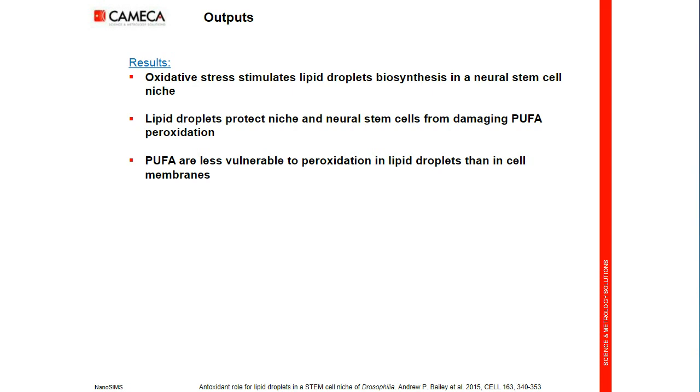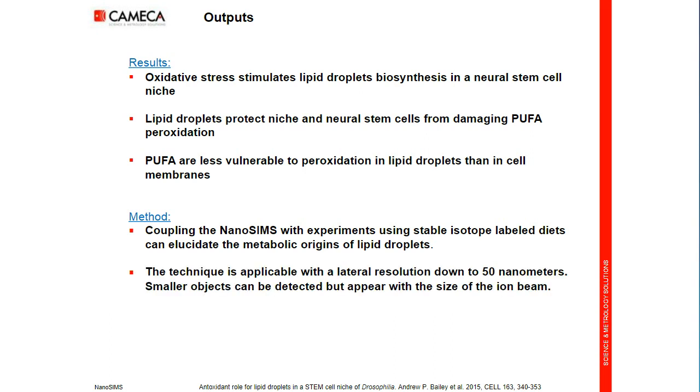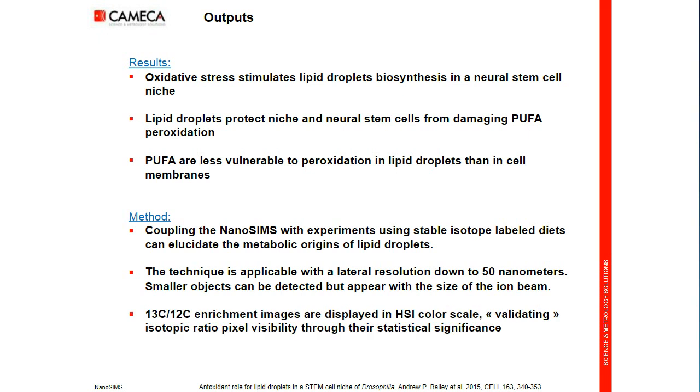And in terms of NanoSIMS methodology, coupling the NanoSIMS with experiments using stable isotope labeled diets can elucidate the metabolic origin of lipid droplets. Here, carbon-13 was used. The technique is applicable with a lateral resolution down to 50 nanometers. Note that smaller objects can be detected, but will appear with the size of the ion beam. The ratio images are displayed in HSI color scale, validating their statistical significance.